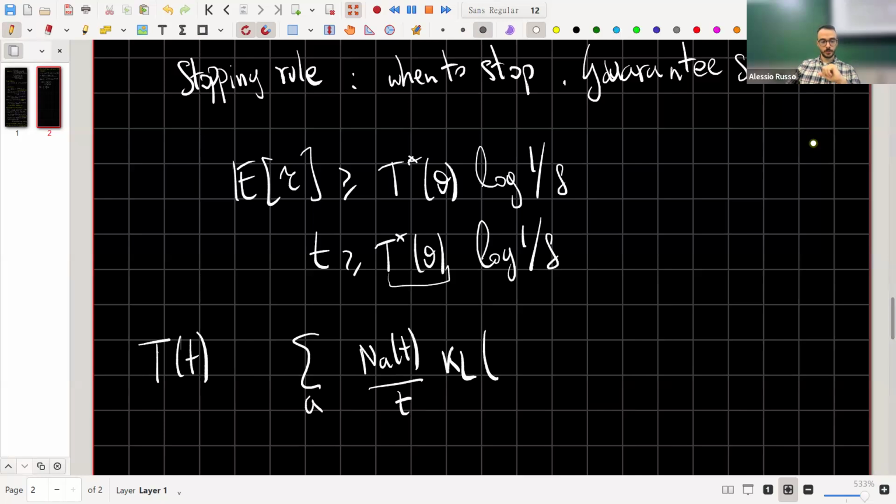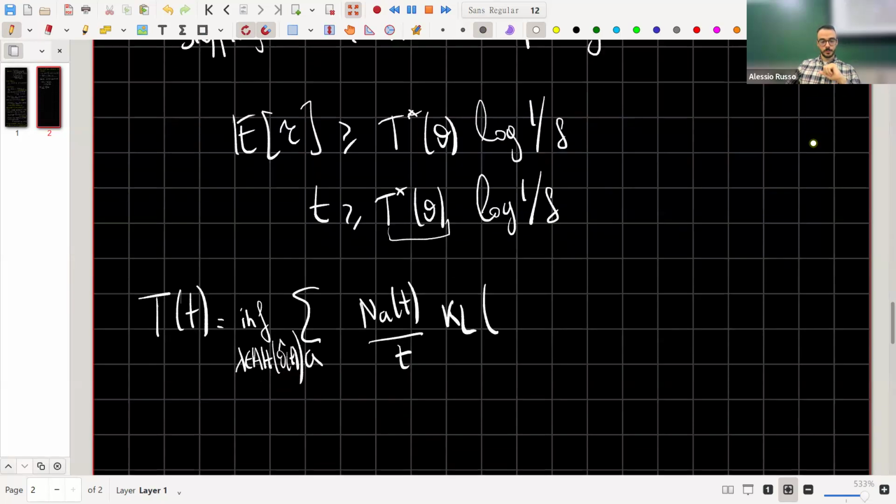Here, I forgot the infimum over alternative models. So here the infimum is over alternative models that are alternative with respect to hat theta t. Because we don't know theta, so we are using our estimate of the model now. So we plug in our estimator here, and here the KL is between our estimate of the model and this alternative model here.